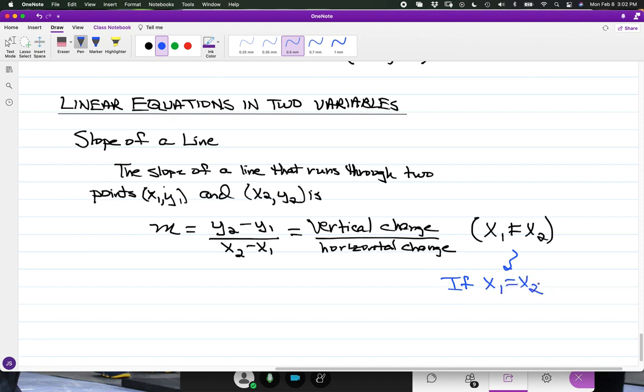So if x₁ and x₂ happen to be equal to each other, and I'm just going to use some arrows just to show the domino effect, then x₂ minus x₁ would be equal to 0.